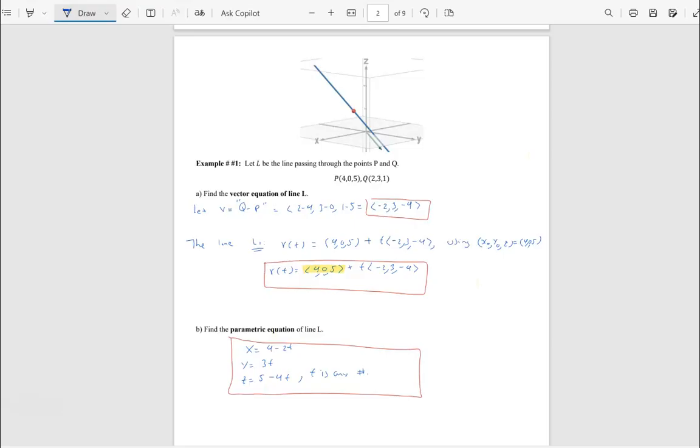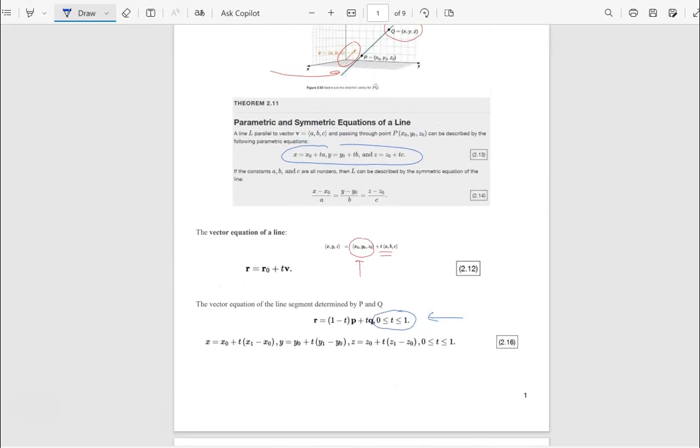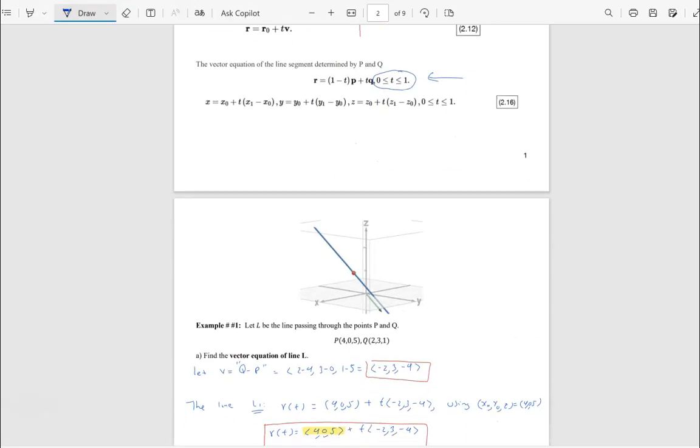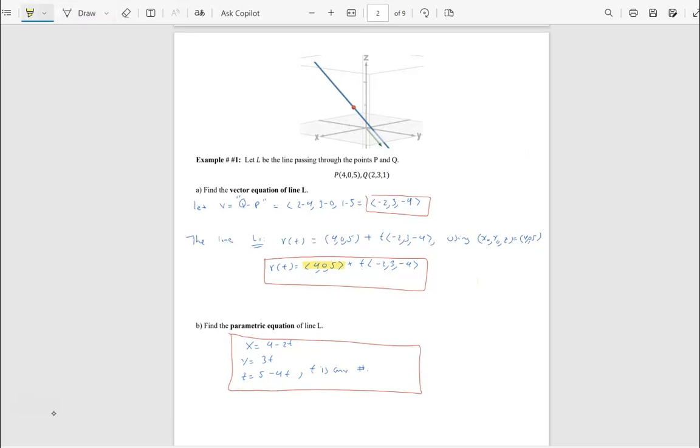The next portion is the symmetrical form. In the symmetrical form, you do have to state which coordinate point and vector you're using. As we have here, notice that I'm using one coordinate point. There's no reason why you couldn't use the second coordinate point, except that your line is going to look a little bit different.